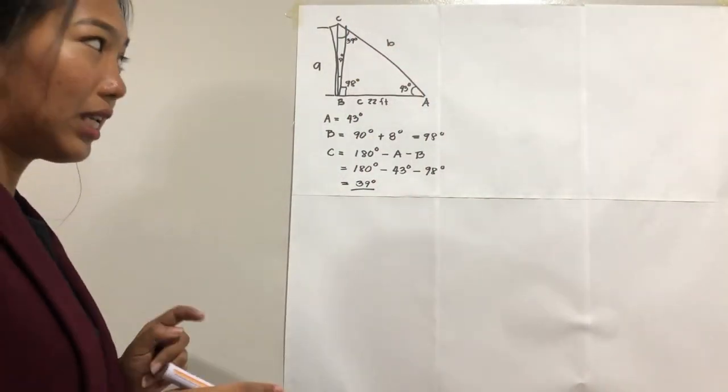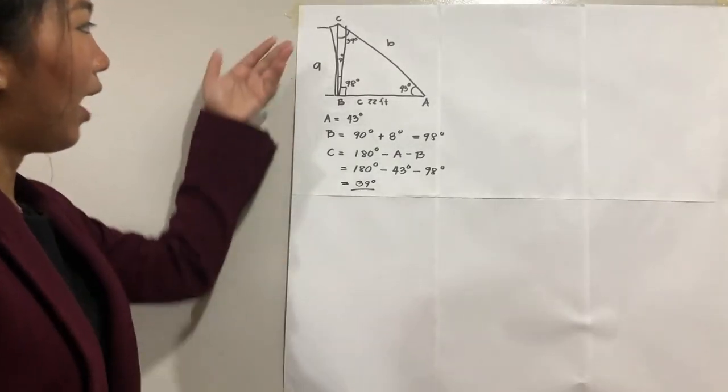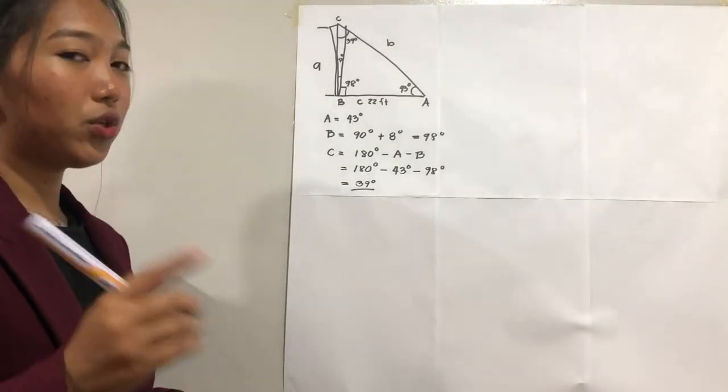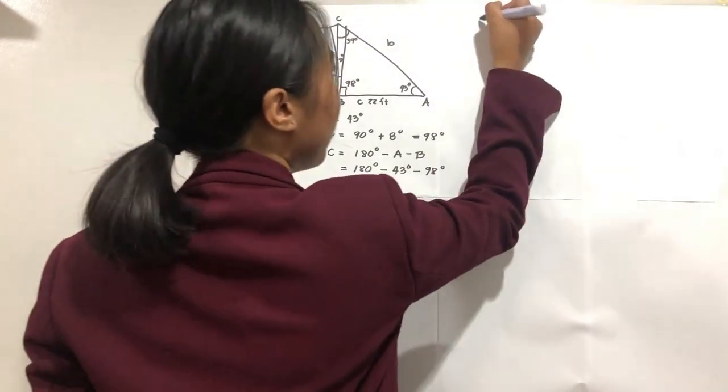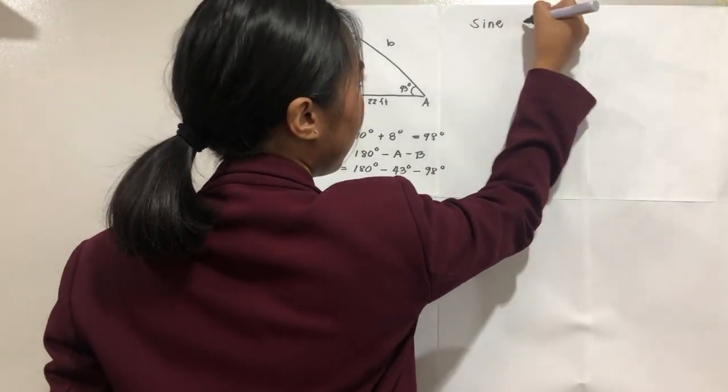Now, to finally get the height of the pole, we need to use sine law.